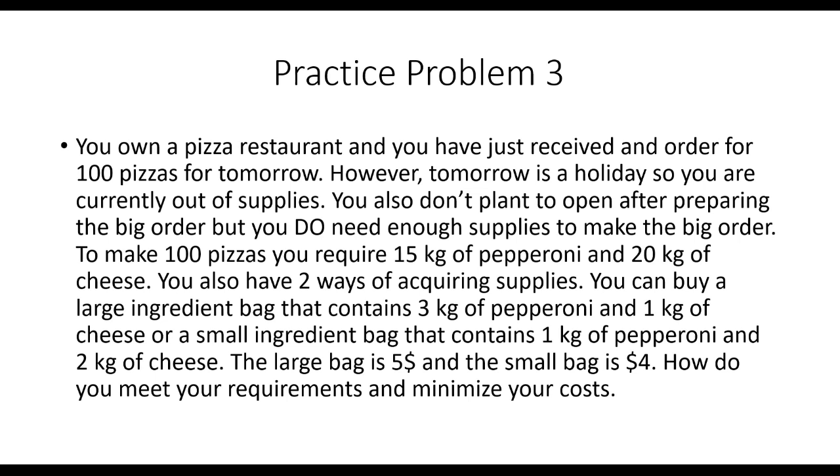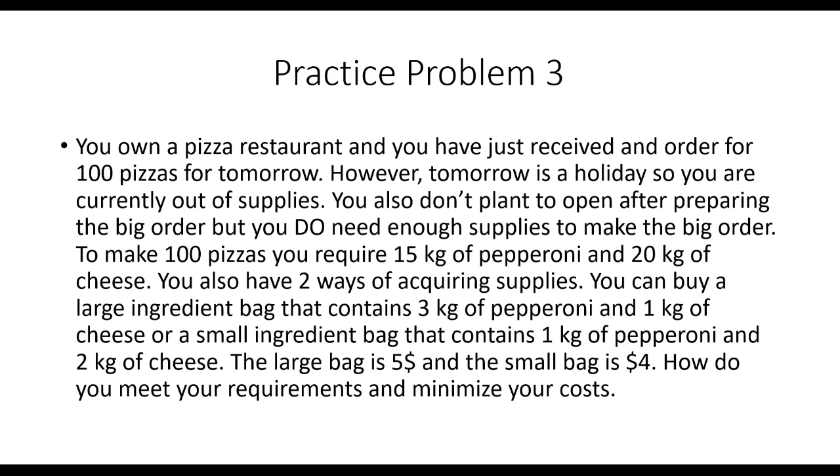We have to get these 2 from our 2 possible sources, large bags and small bags. So the first one, we have x1 and the second is x2. We require 15 kilograms of pepperoni.